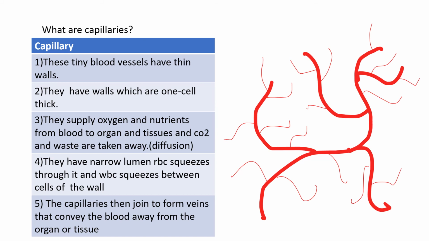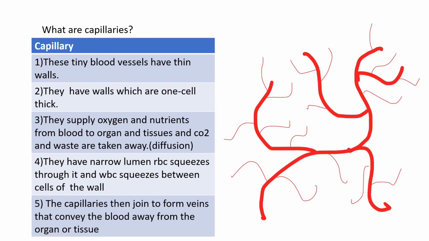What are capillaries? They are tiny blood vessels. They have thin walls, walls which are one cell thick. They supply oxygen and nutrients from blood to organs and tissues. Carbon dioxide and waste are taken away through diffusion. They have a narrow lumen, the gap inside them, right?